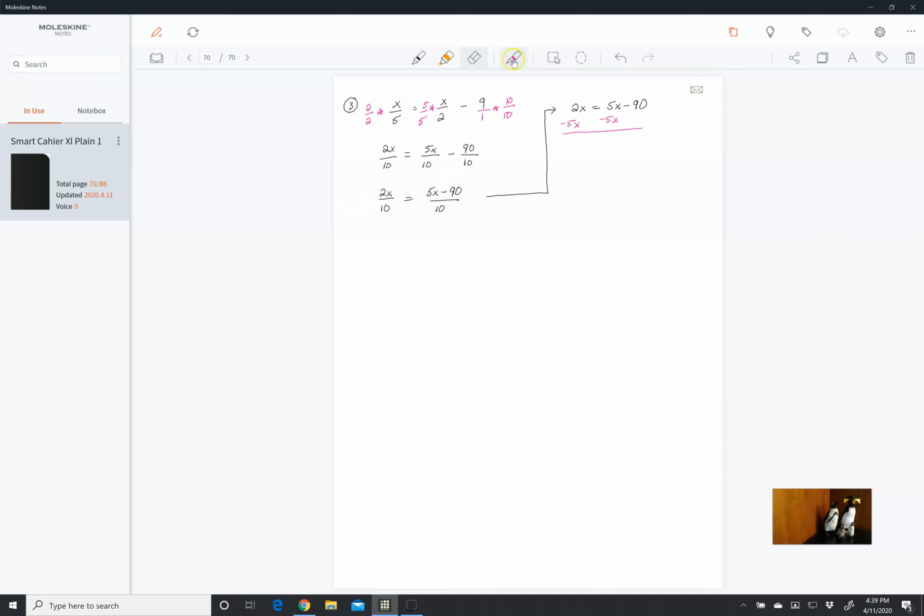This gives us negative 3x equals negative 90. So here the x is negative, that's perfectly fine. There's nothing wrong with that. Keeping your x's positive is just a personal preference. Divide both sides by negative 3. And you get that x is equal to 30.